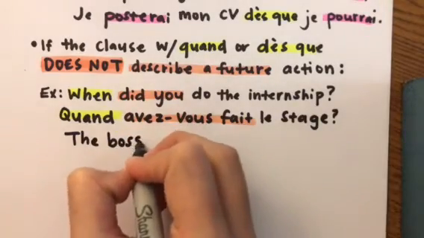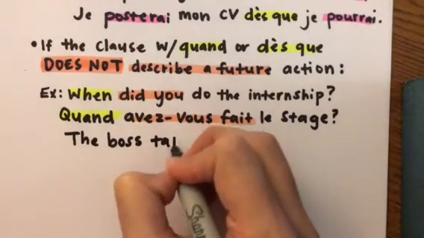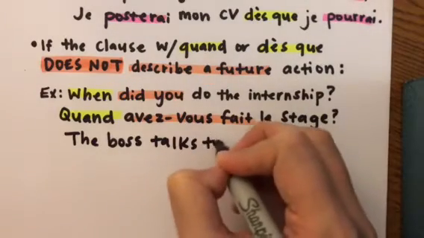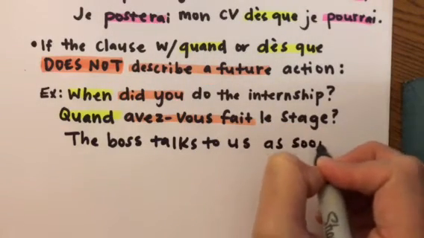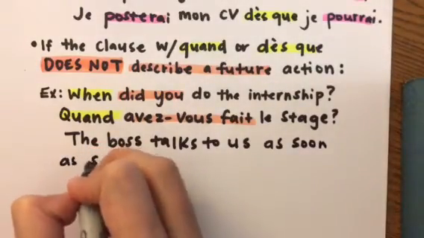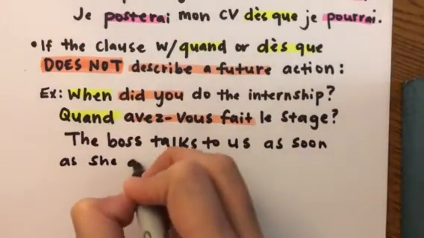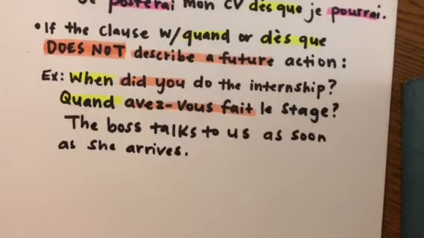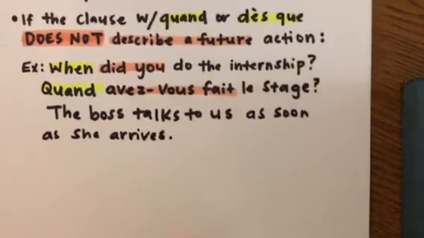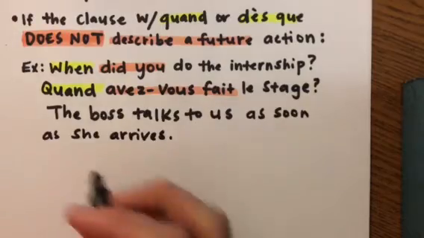And the same thing with our next one. Let's do the boss talks to us as soon as she arrives. So what tense are we talking in here? Talks to us is present tense, okay?